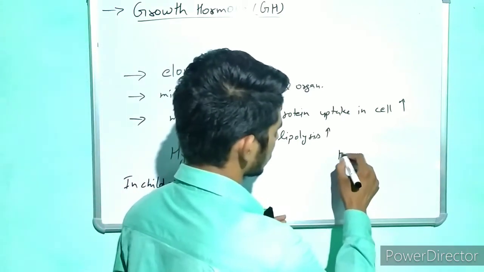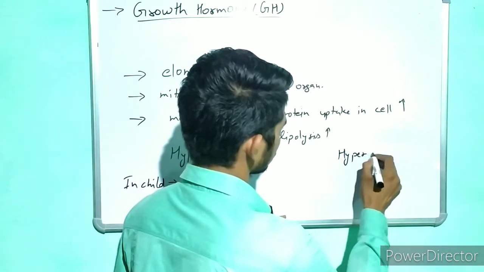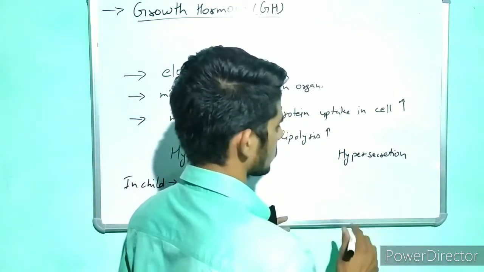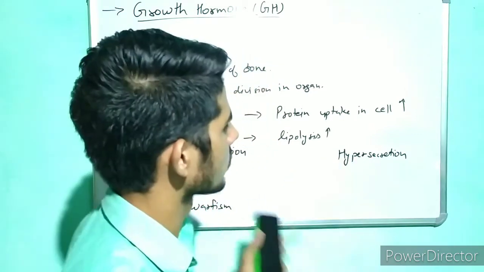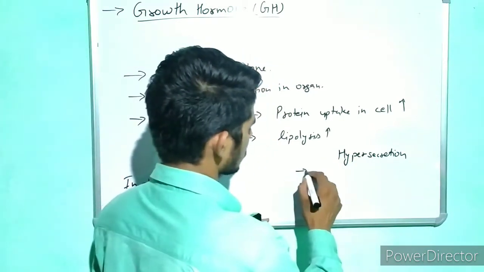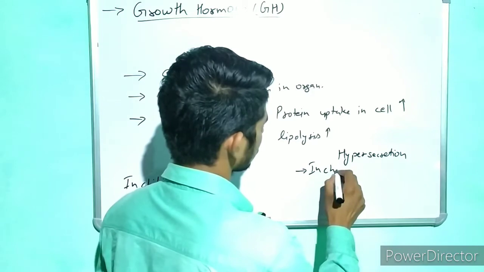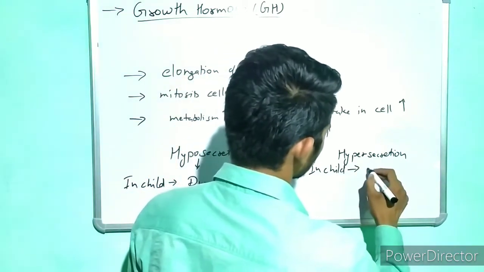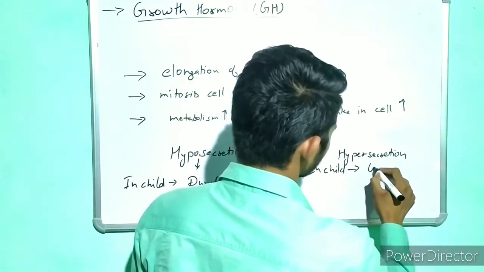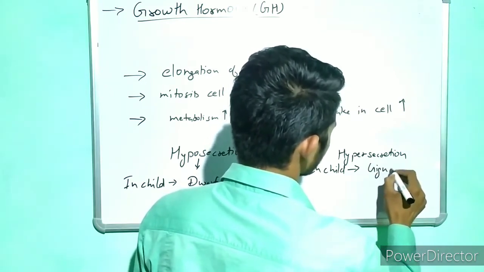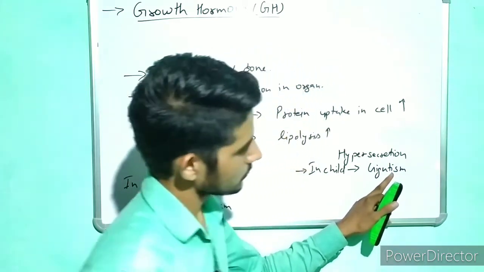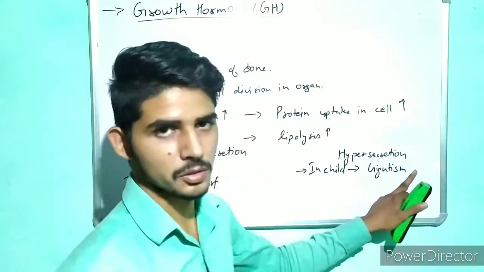And due to hypersecretion, meaning more secretion of the growth hormone, in childhood, this disease is called gigantism. The person has more height and more growth.